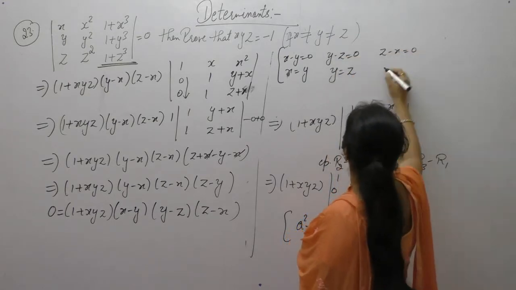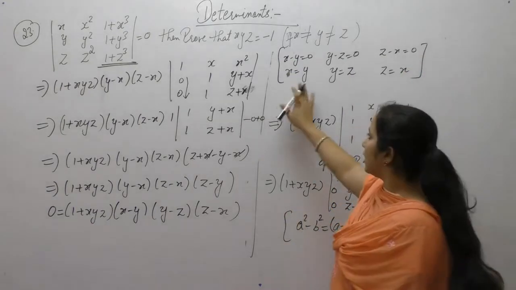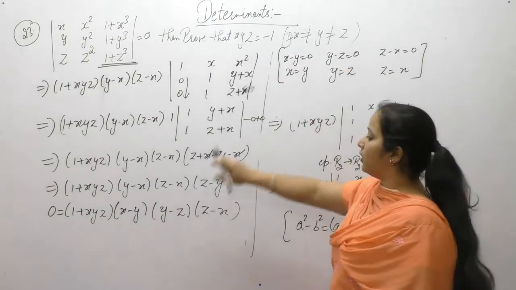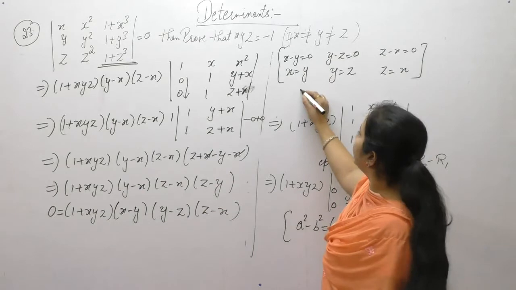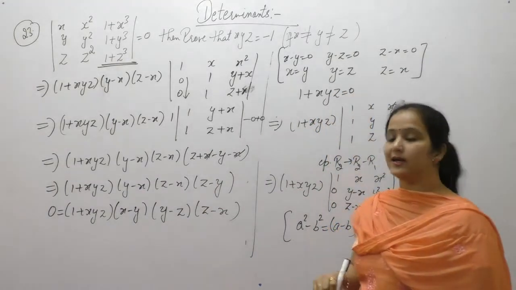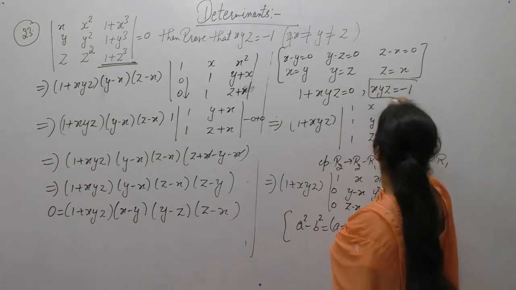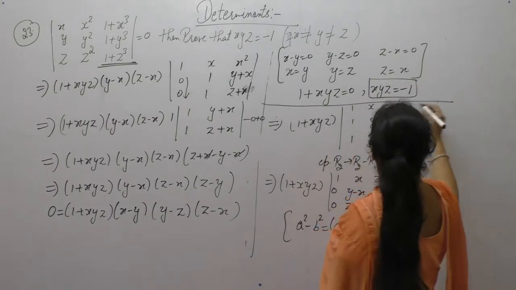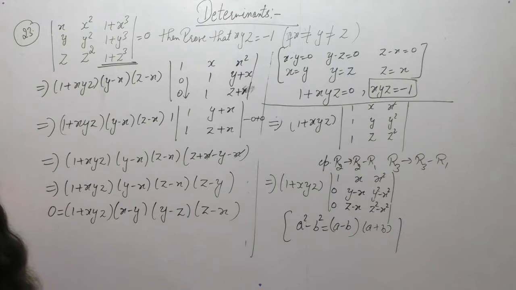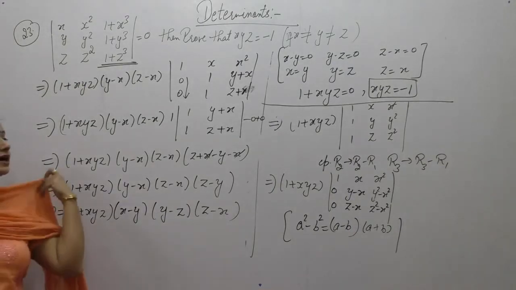And z minus x as 0, then z is equal to x. But x is not equal to y, y is not equal to z. So the only term which can be equal to 0 is 1 plus xyz. So xyz is equal to minus 1. Note it down.